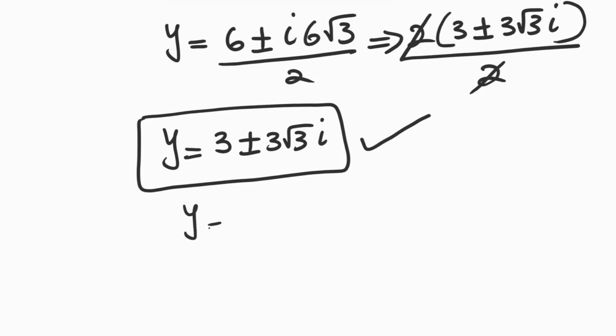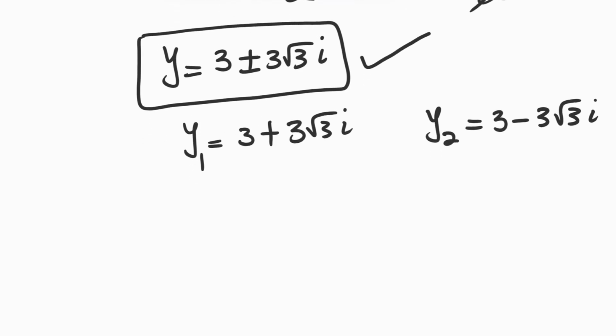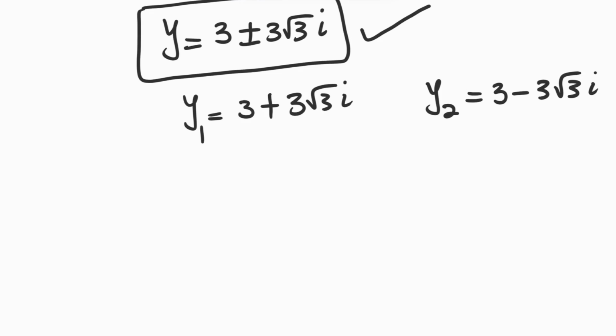So now we have that y1 is equal to 3 plus 3 root 3i, and y2 is equal to 3 minus 3 root 3i. So let us go ahead and find the x values. So we know from our equation 3 that x is equal to 6 minus y.